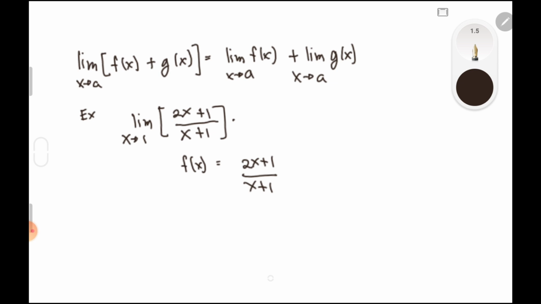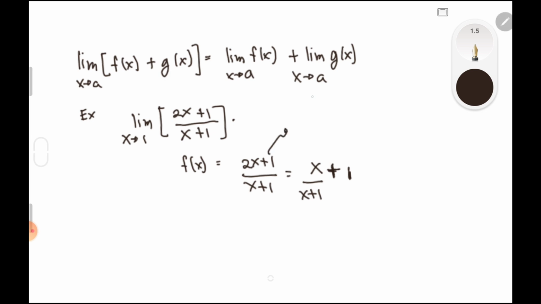Okay, so we can write it into x plus x divided by x plus 1, plus 1, right? So how did it write it from x plus 1 divided by x plus 1?